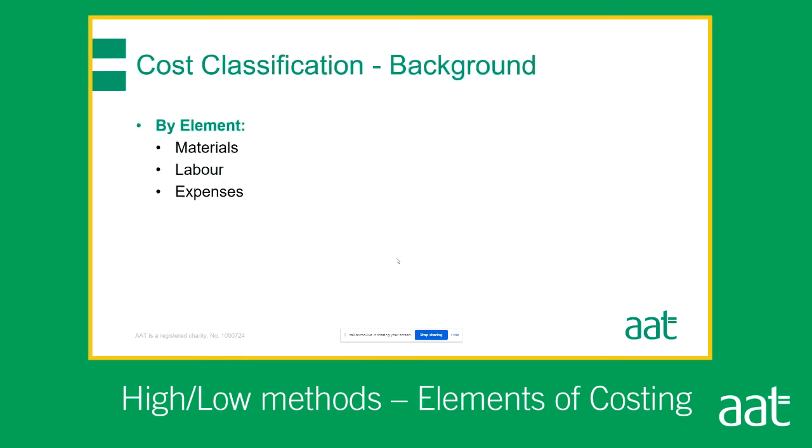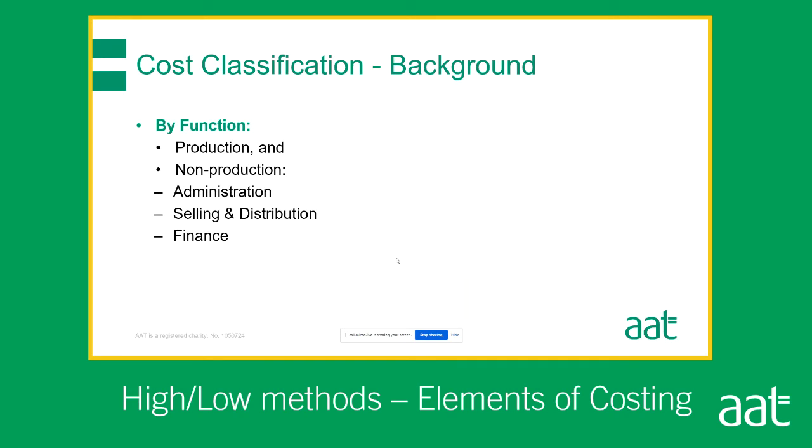So our cost classifications are broken down into 4 separate groups. First off, we have cost classification by element. That's where we are grouping our costs according to whether materials, labour or expenses.